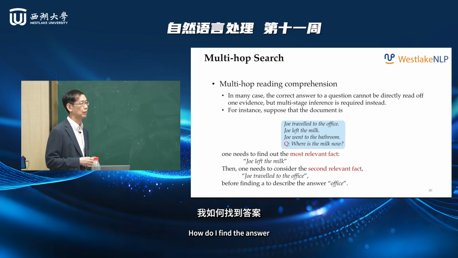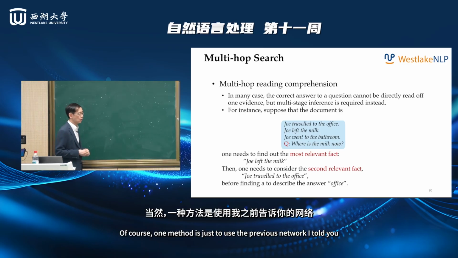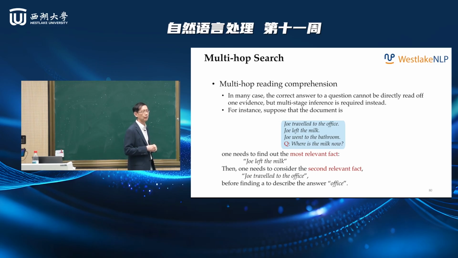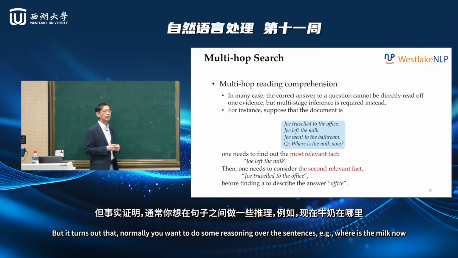How do I find the answer? Of course, one method is just to use the previous network I told you. Represent the passage by looking at the question and then try to predict where the milk is now. But it turns out that normally you want to do some reasoning over the sentences. For example, where is the milk now?